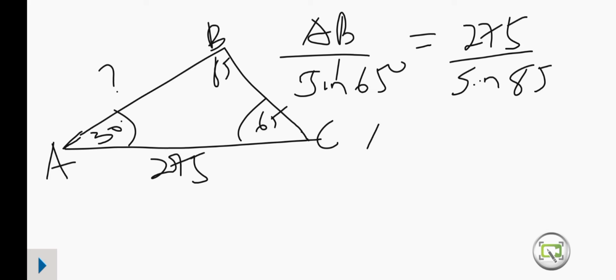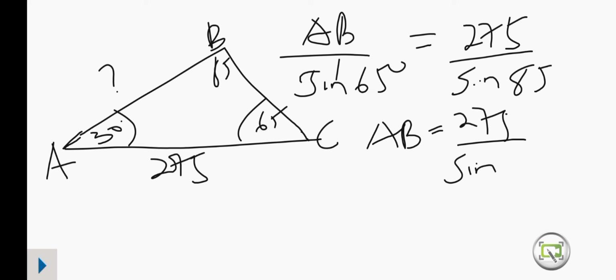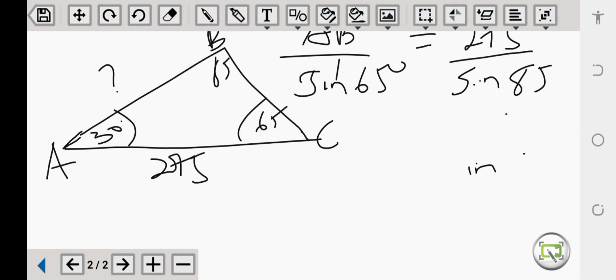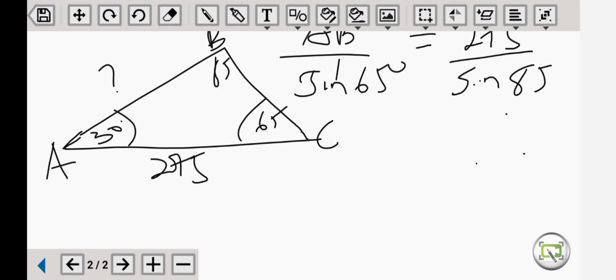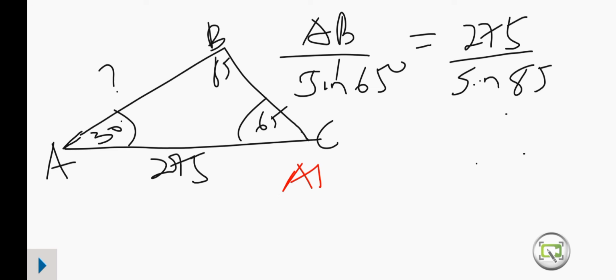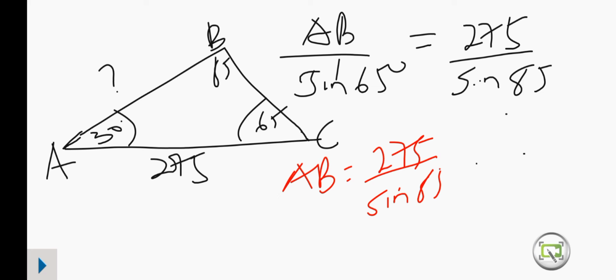So that means that AB equals 275 on sine 85 times sine 65.